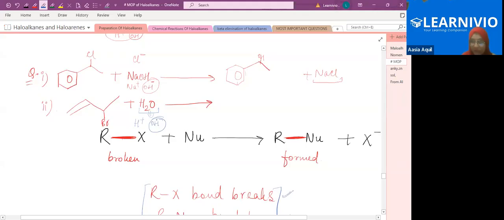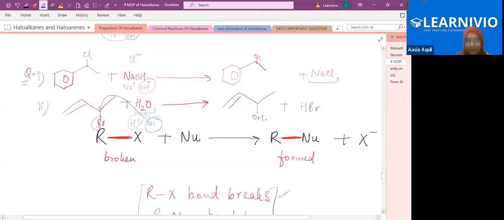It will attack this carbon center, and from here the bromine will leave. So you get this as a product. Here the OH group will be attached, plus your HBr, right? H plus will combine with your bromine and give you HBr. So that's how you have to write the product. Clear?